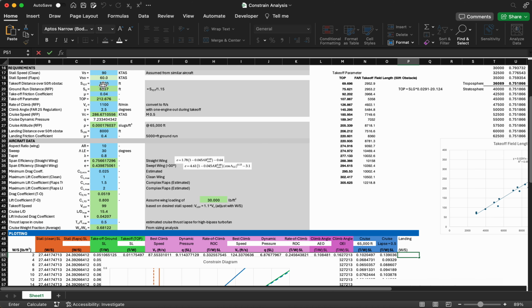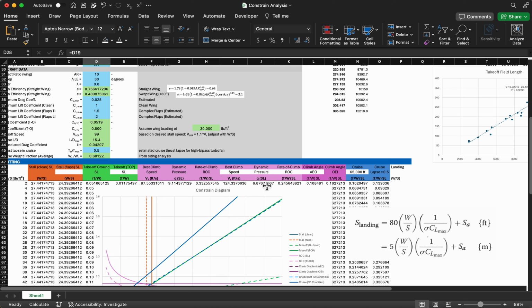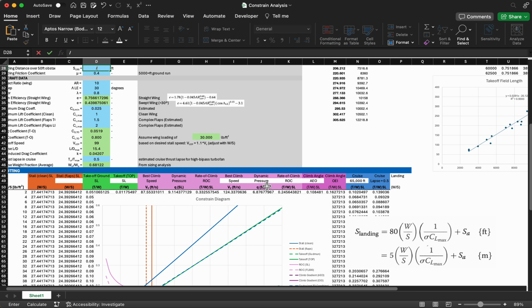So our requirement is up here. We have a total landing distance. Just input this as 8,000 feet. So this is our takeoff distance. I think I just assumed that we'd be taking off and landing from the same airport. Yes, so our landing distance over a 50-foot obstacle I have right here. So we'll equal that, and I'm going to divide. Oh, forgot to click equals.